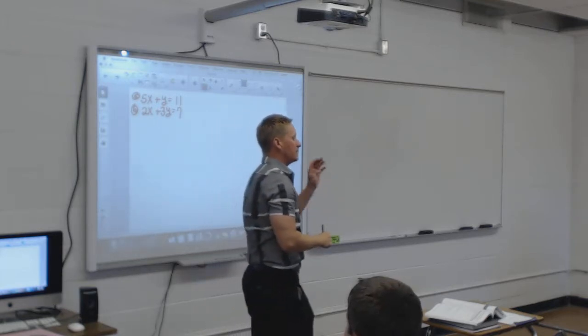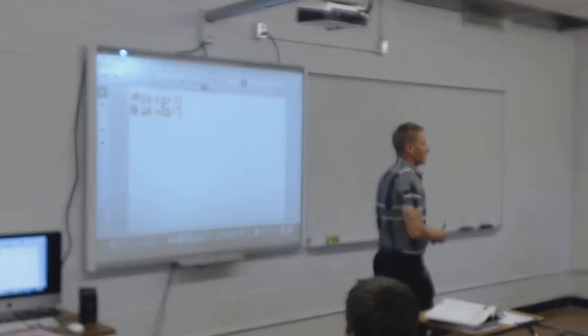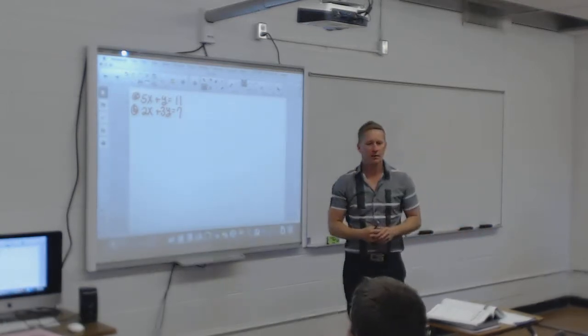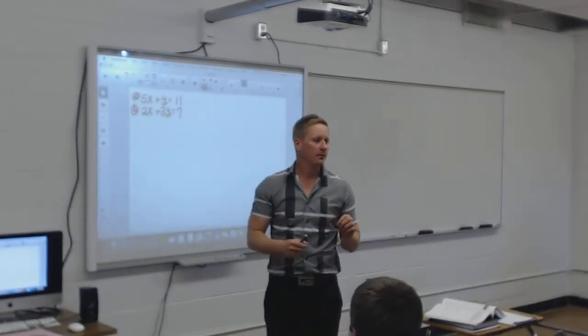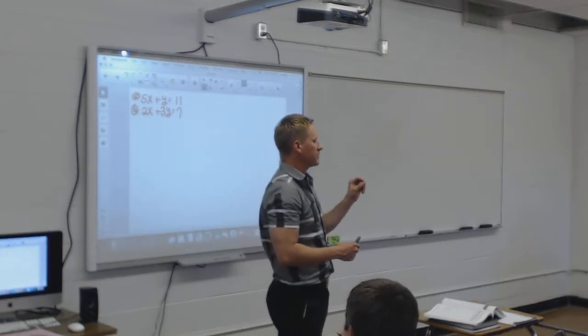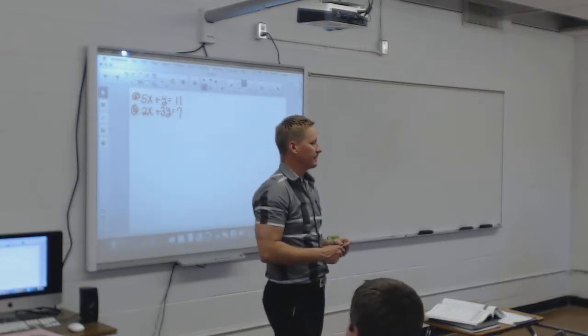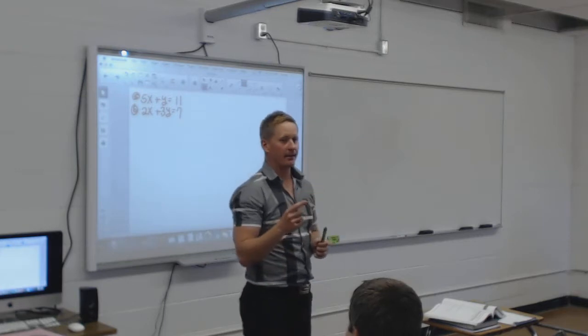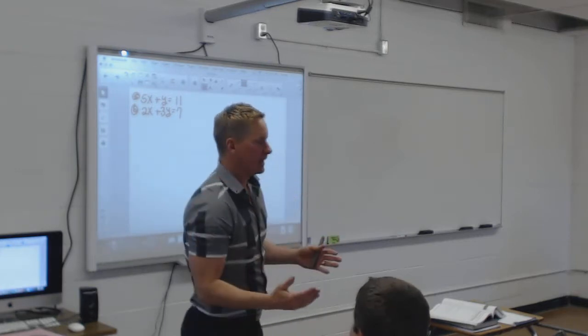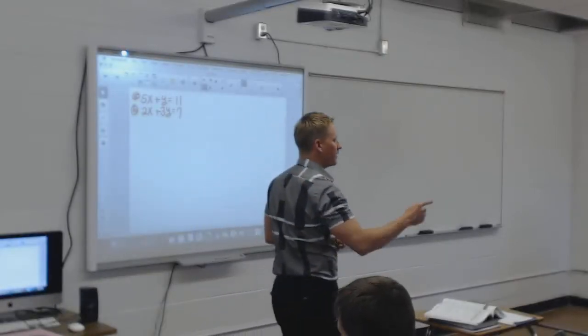Additive opposite means +4, -4. +5, -5. In order to do that, I'm going to use multiplication to make it happen. And again, the easiest way to do this is to look for the one that has a coefficient of 1.